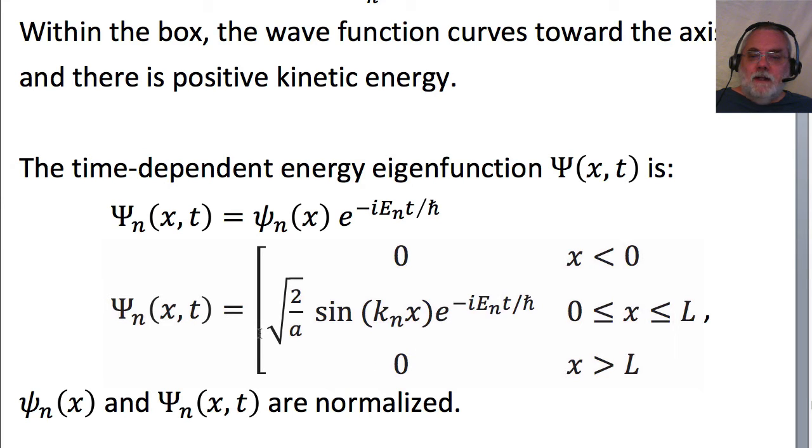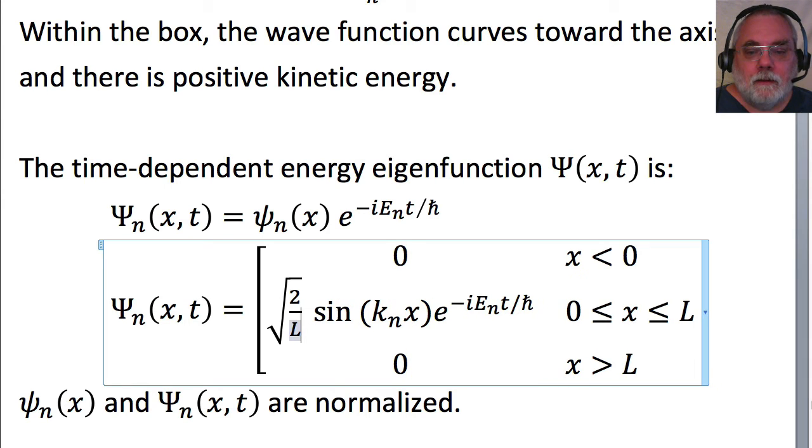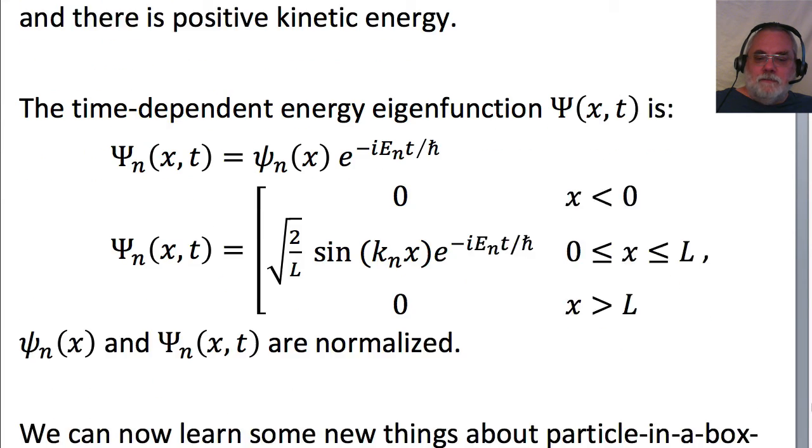Within the box, it's square root of 2 over L. I should make this L. In many places, I copied graphs and equations from an earlier lecture where I used a. So L equals a. So spatial part times e to the minus i E sub n t over h bar. In this case, both lowercase psi and uppercase psi are properly normalized.